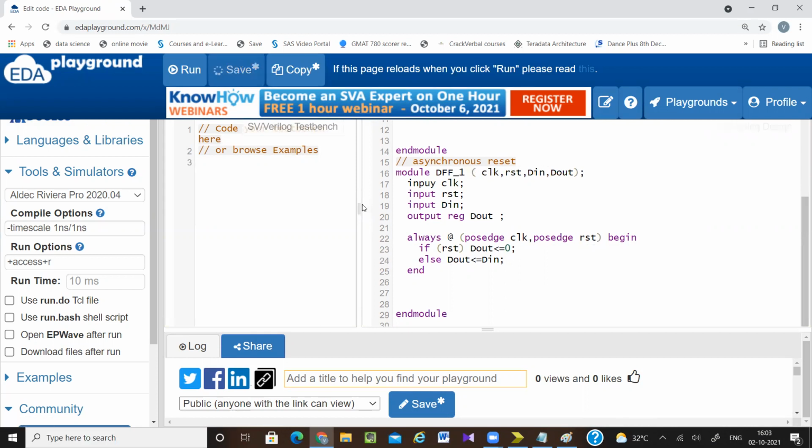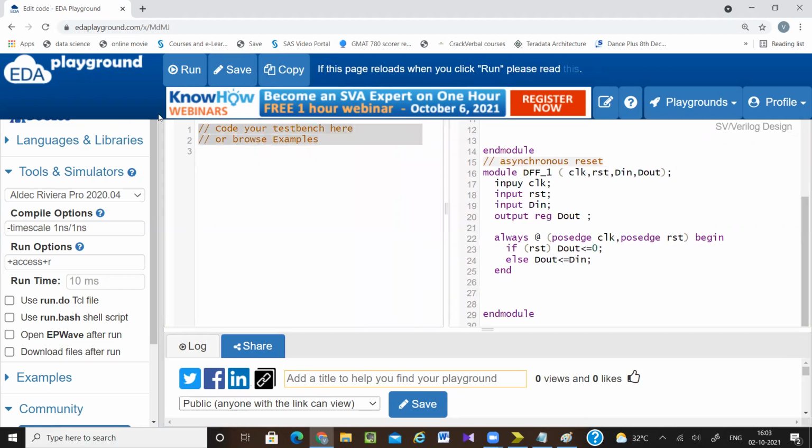Okay. So now write a test bench for it. The module test.